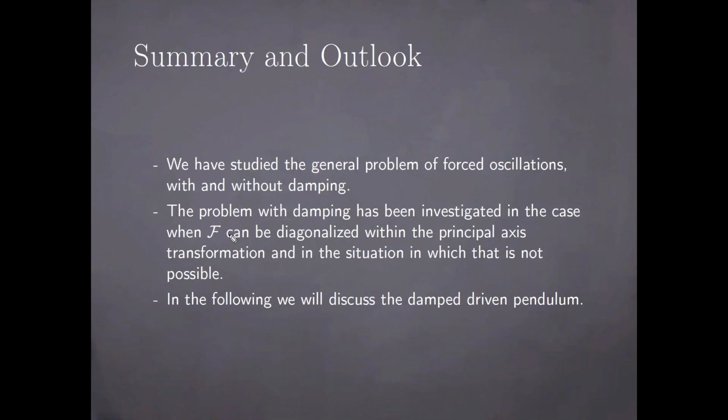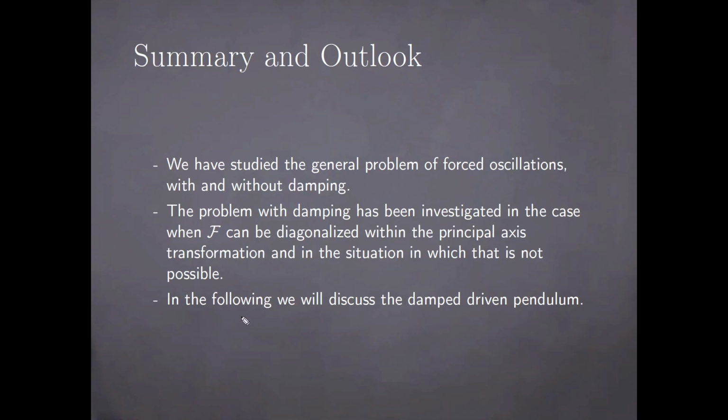So in summary, we have studied the general problem of forced oscillations with and without damping. The problem of damping has been investigated in the case when the dissipation function can be diagonalized within the principal axis transformation, and we have also looked at a situation in which this is not possible.